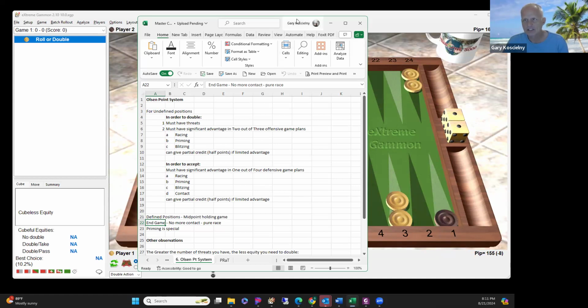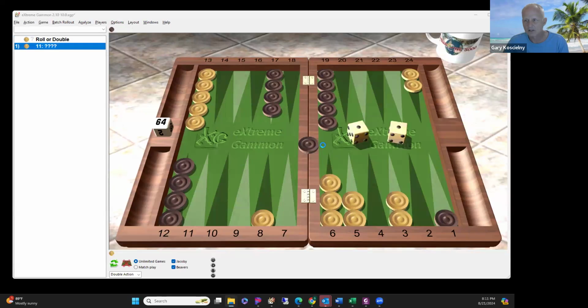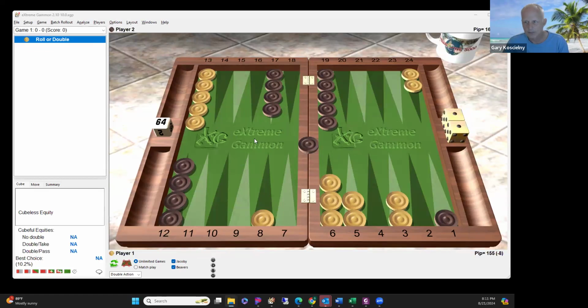Okay, so let's get into some of the examples that we have. And this is not the first one. Let's try to evaluate this from both systems that we have. So let's do the Olsen system, and do it systematically.